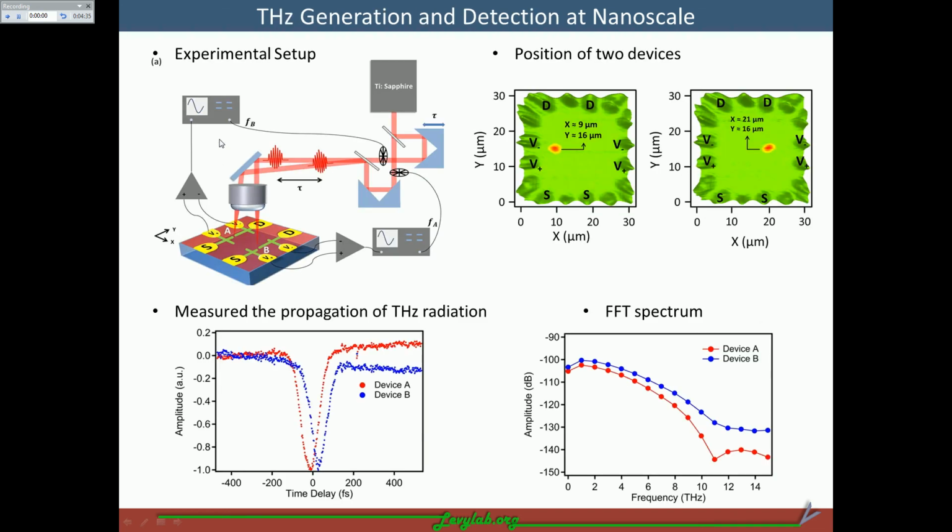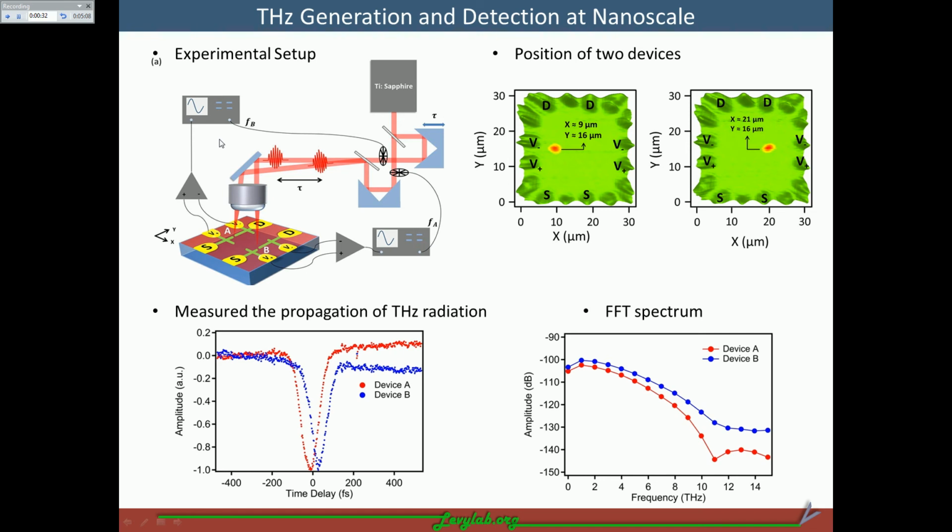To explore that possibility, we make two devices on the interface, separated by microns from each other. For device A, the pump is focused on device A, and the probe is focused on device B. The light focused on device A is modulated at a frequency FA, and the light focused on device B is modulated at a frequency FB.